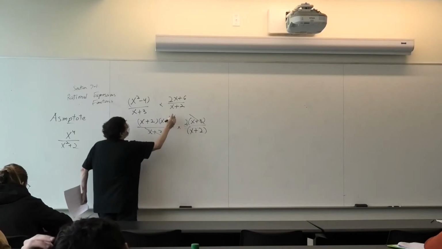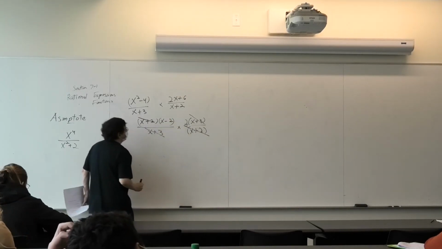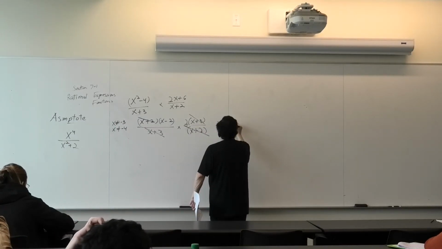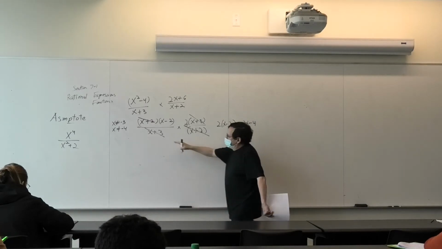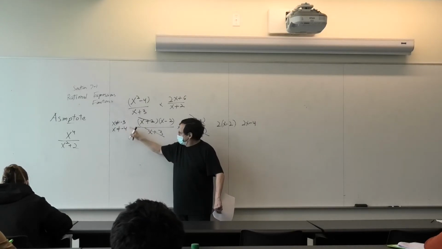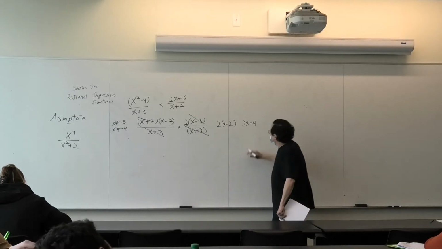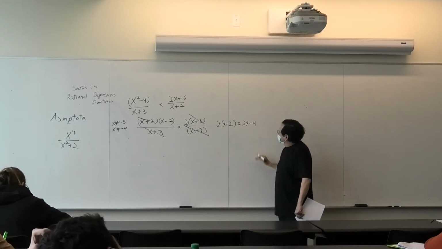Okay, so this should have been x plus 2. I can simplify that, and I'm just left with 2 times x minus 2, or if you like, 2x minus 4. Keeping in mind that my domain still doesn't have negative 3 and negative 4. This is my result.